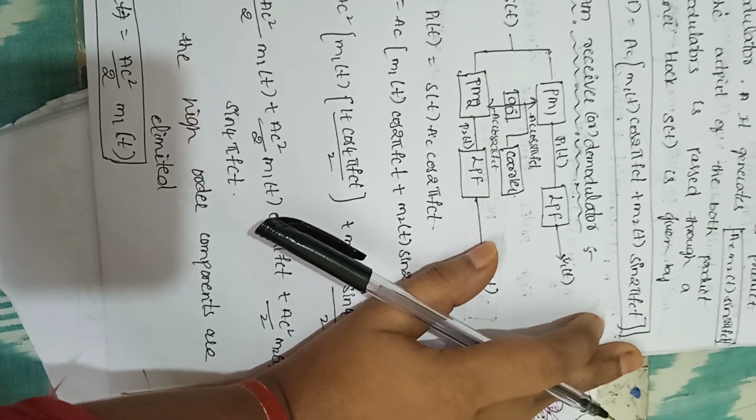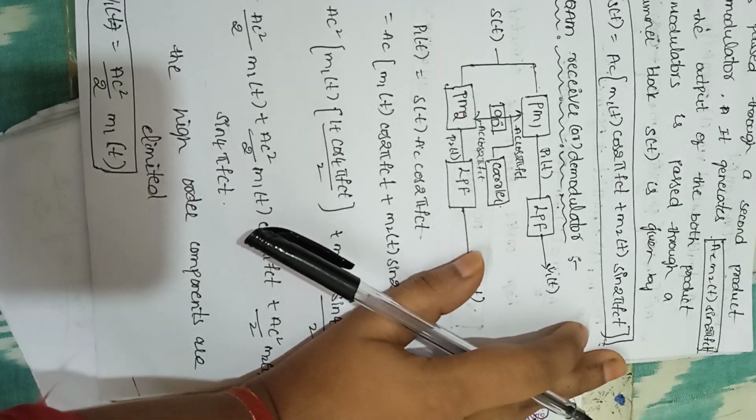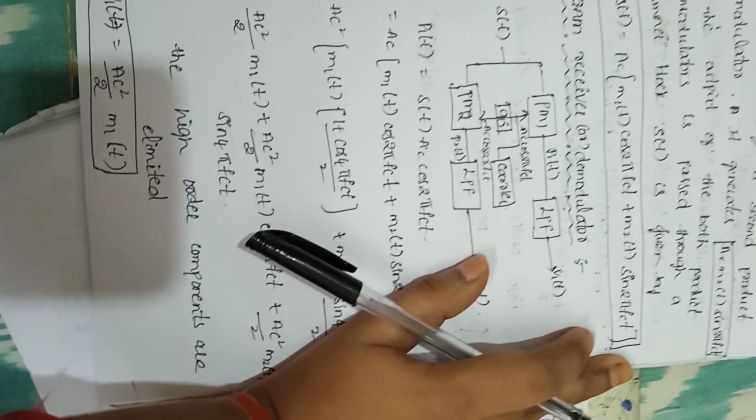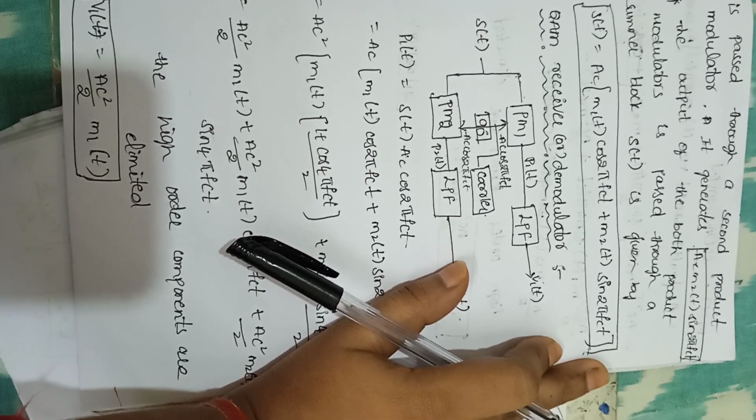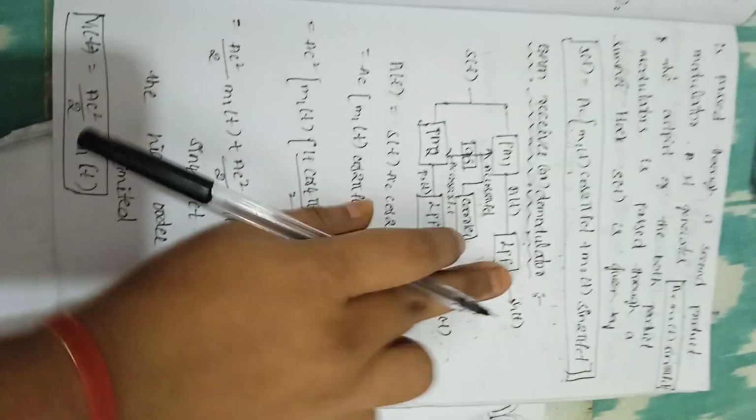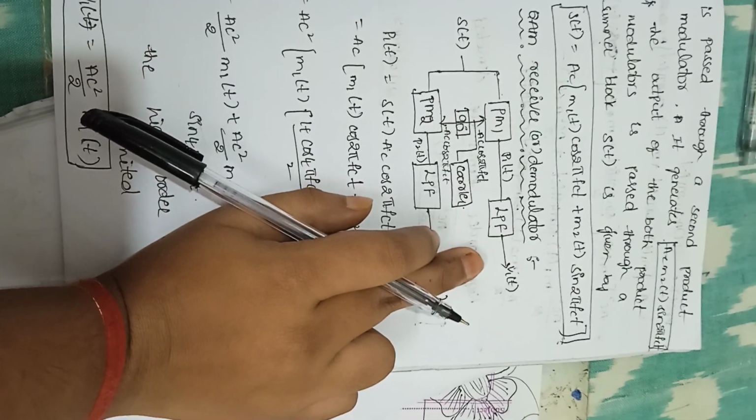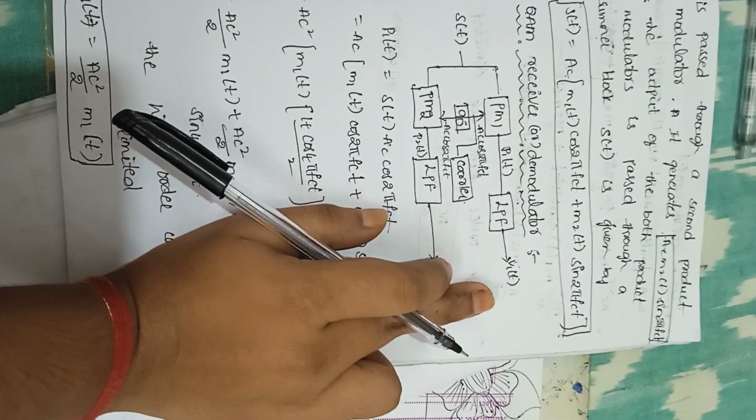To demodulate the signal we have to use the low pass filter, to eliminate the high frequency carrier signal. That's why the LPF is used here. After the LPF, we get the original signal.